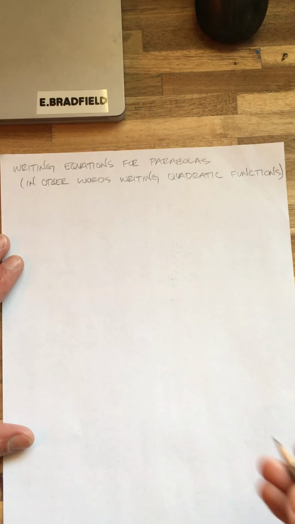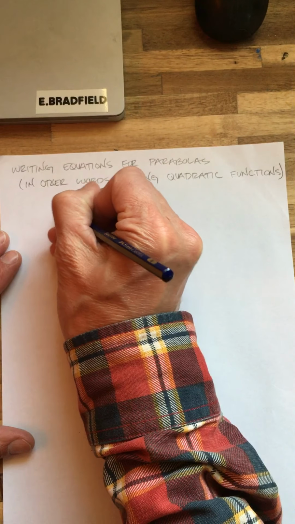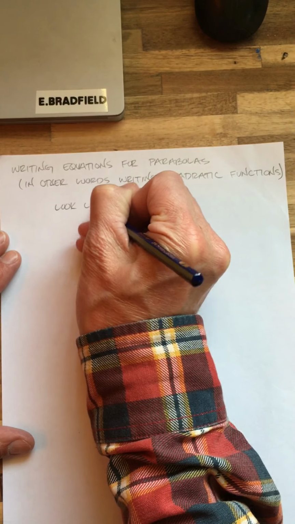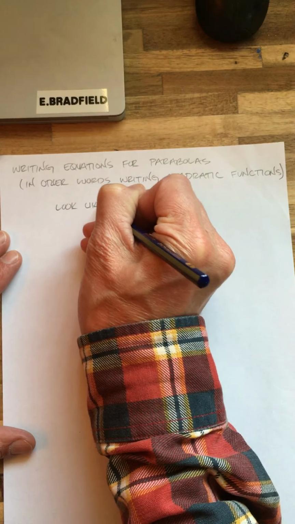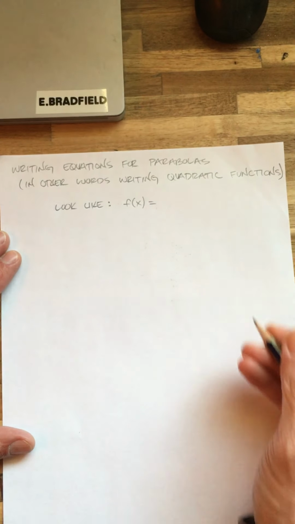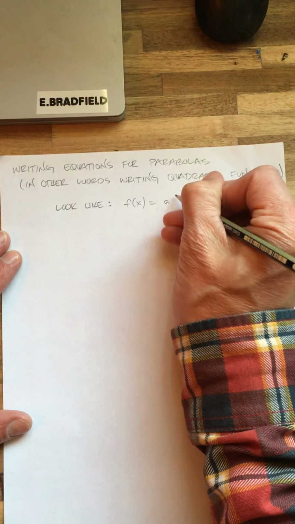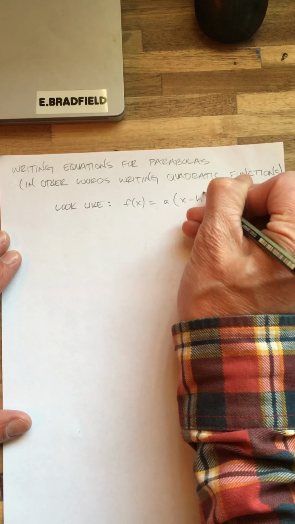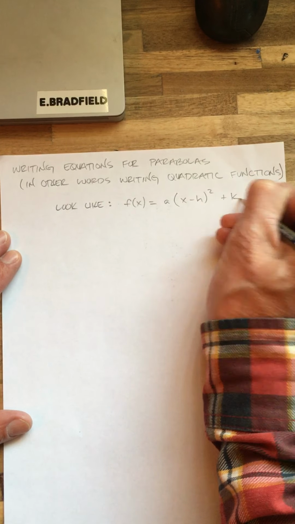And again, it's going to look something like f of x equals a times (x minus h) squared plus k.